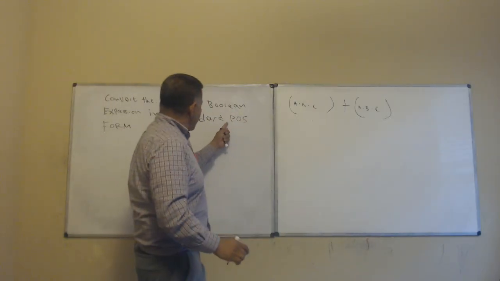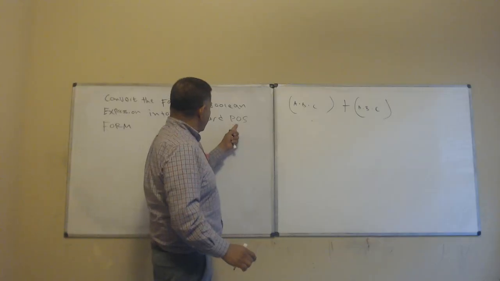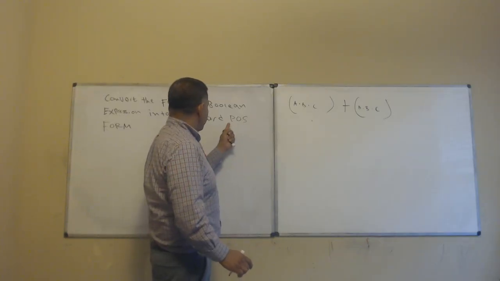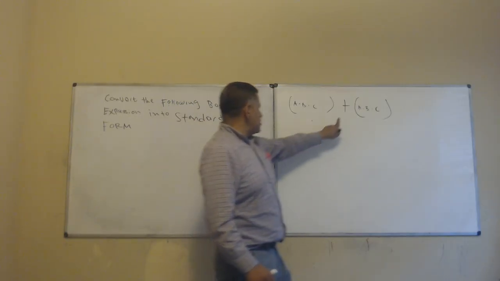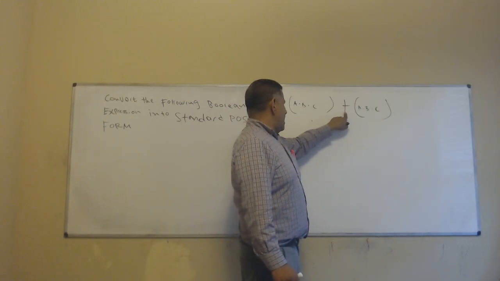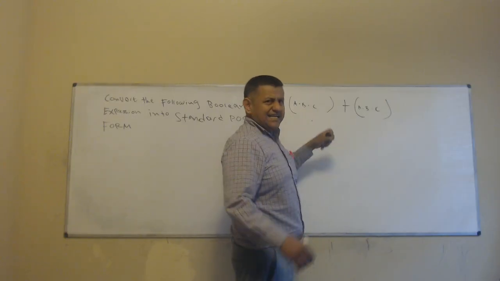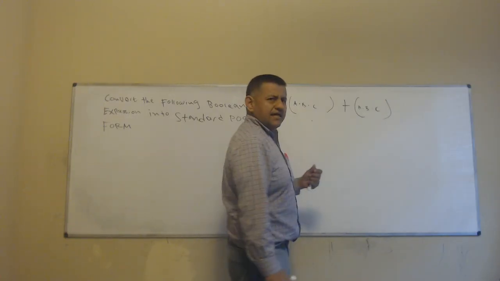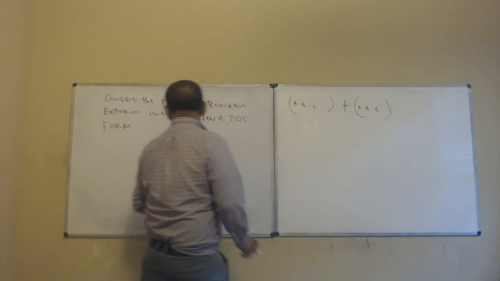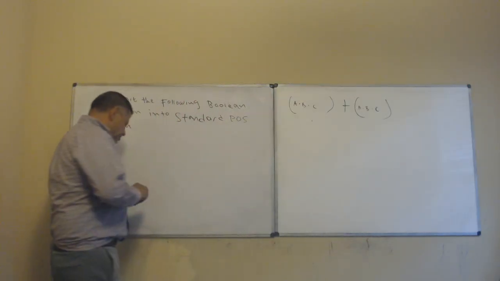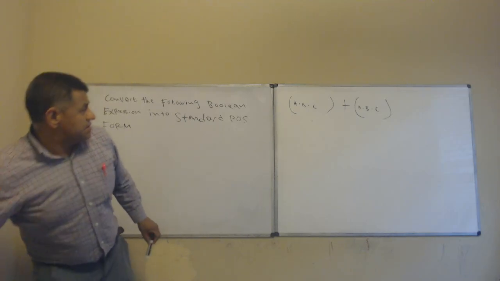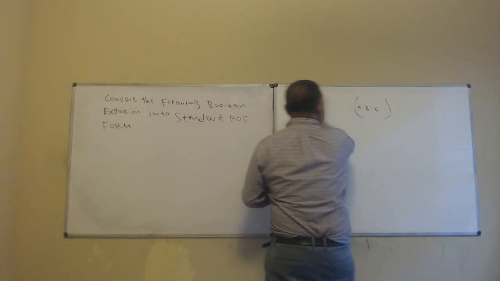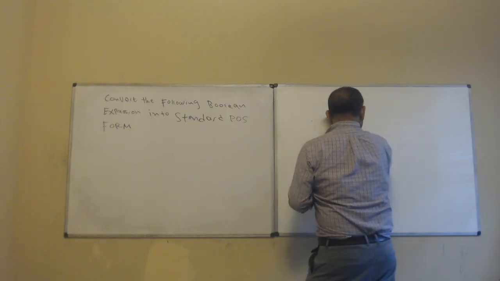Now we're doing product of sum, which means this is going to be a multiplication, which technically in logic is an AND gate. With that being said, let's get started.